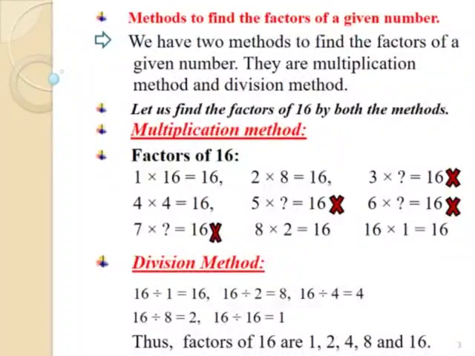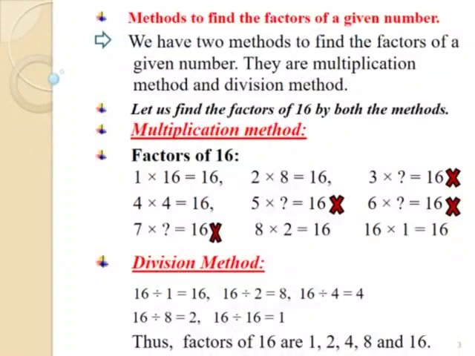Factors of 16. 1 multiplied by 16 equals 16. 2 multiplied by 8 equals 16. 3 multiplied by dash equals 16. Students, multiplying 3 by any number, we will not get 16.